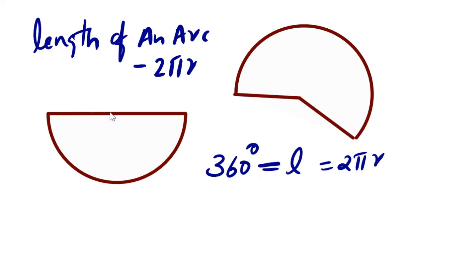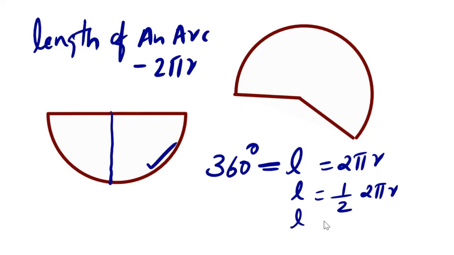In this case, as we have taken diameter over here, it will be having a length equal to half of 2 pi r. If I divide further here, this will be having a length equal to 1/4 of 2 pi r. That means in order to get half, it will be 360 degree, which is basically 2 pi r.